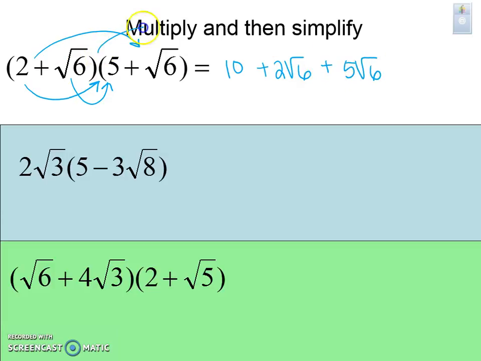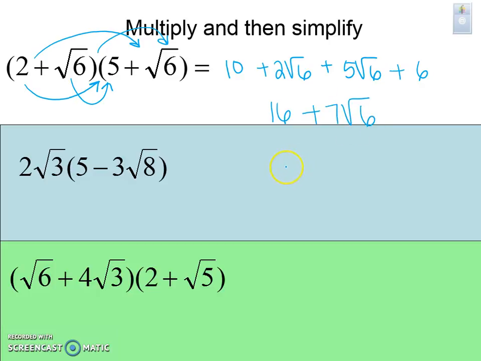And then finally, we have our last terms. Square root of 6 times the square root of 6 is just going to give me 6 because those square roots cancel out. So now we can combine our like terms. 10 and 6 is 16. These 2 radicals are the same, so we have 16 plus 7 square root of 6.